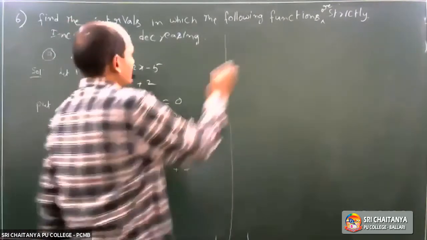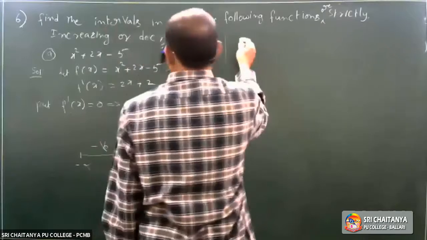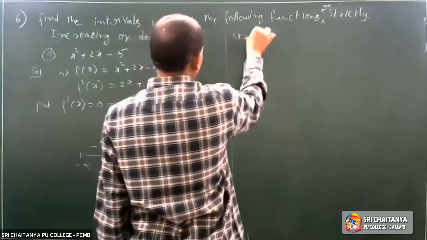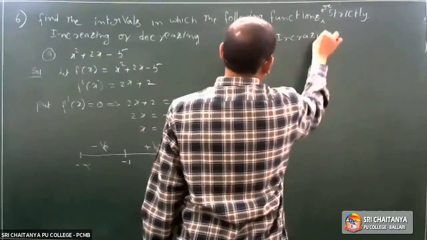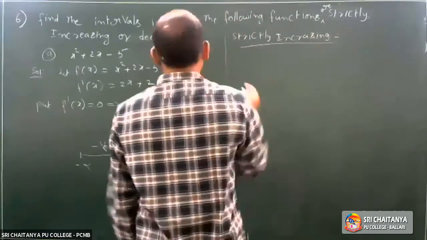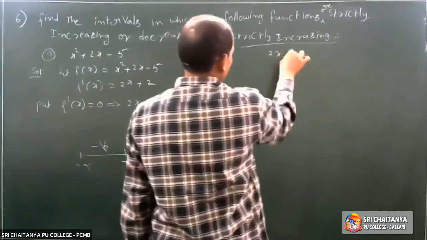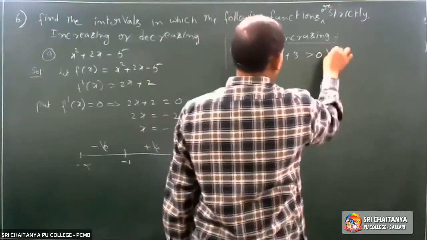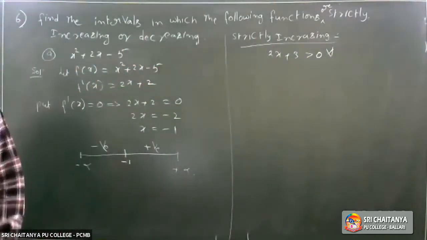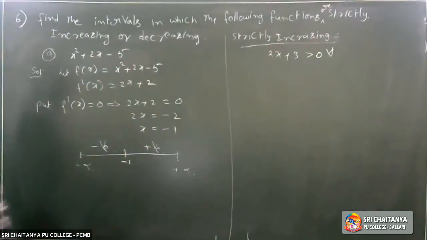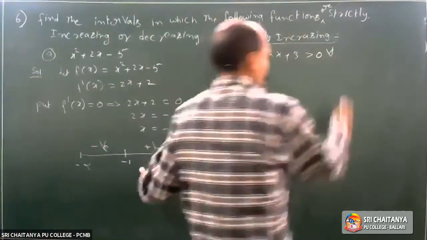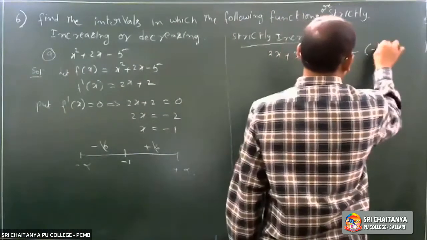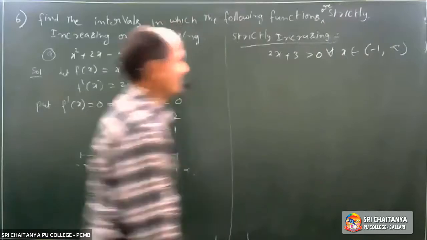Okay? First, strictly increasing, steadily. So 2x plus 2 is greater than 0 if x belongs to minus 1 to infinity, for all x belongs to minus 1 to infinity.